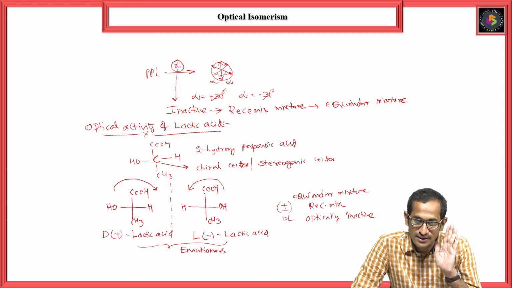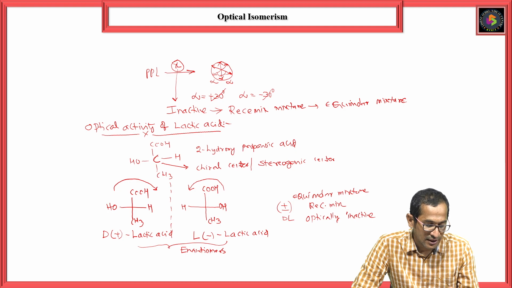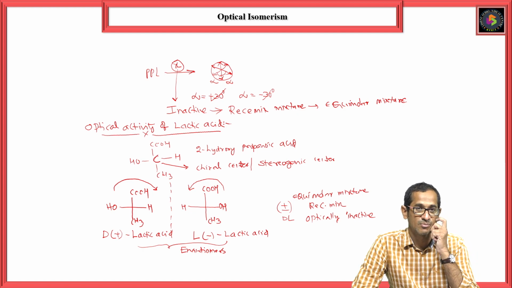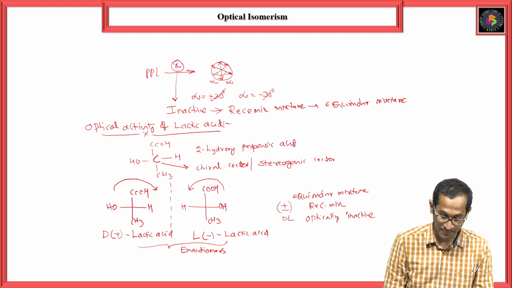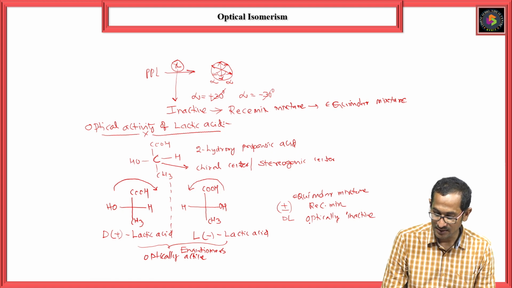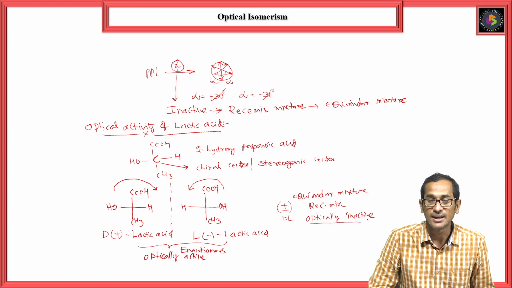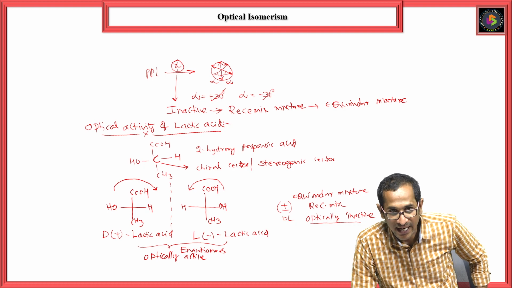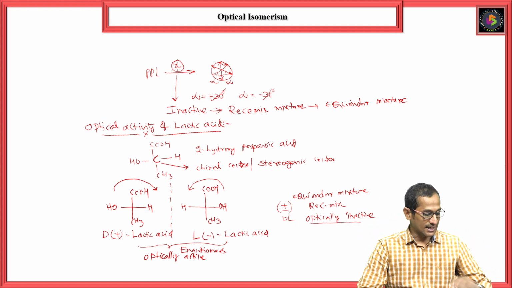In the same manner, if you place a mirror in between, this compound looks like this and that compound looks like that. Such compounds are called enantiomers, and enantiomers are optically active. The racemic mixture, we already discussed, is optically inactive. This is the optical activity of lactic acid.